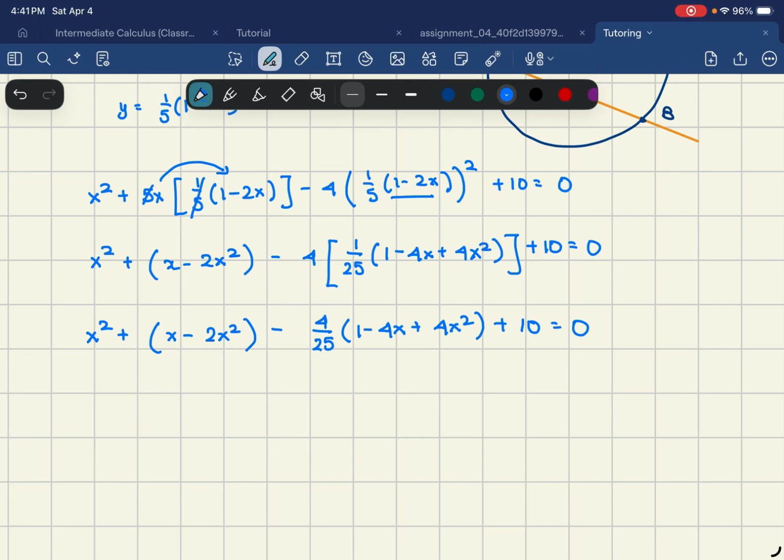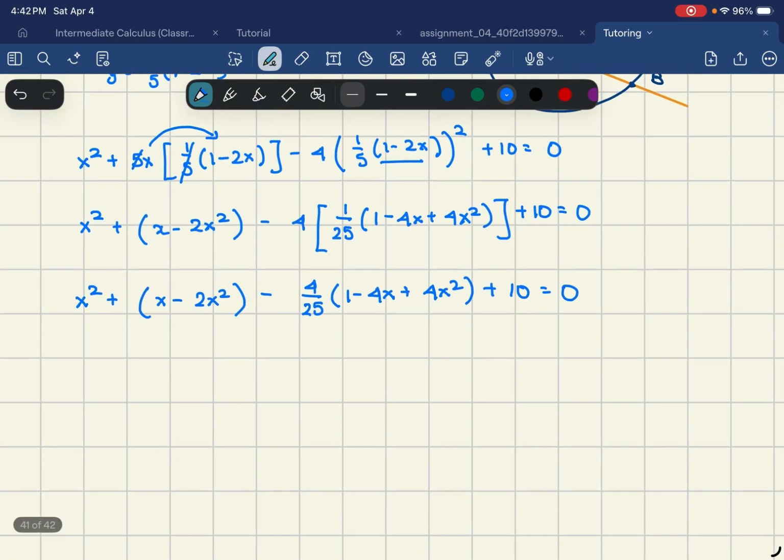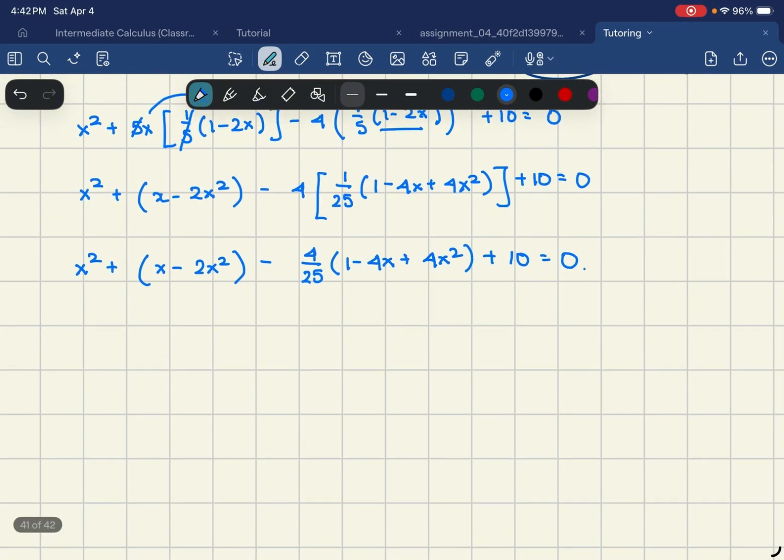I'll multiply each term. And a term is something that is separated by an addition or a subtraction sign, right? So I'll just multiply each term with 25. So the first term is this. Everything inside the bracket will be my second term. So 25x squared plus 25 times x minus 2x squared minus 4 because the 25 in the denominator is going to cancel out, right?